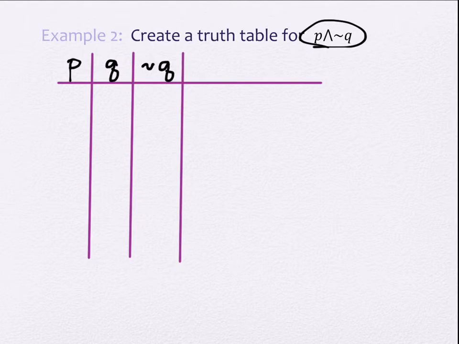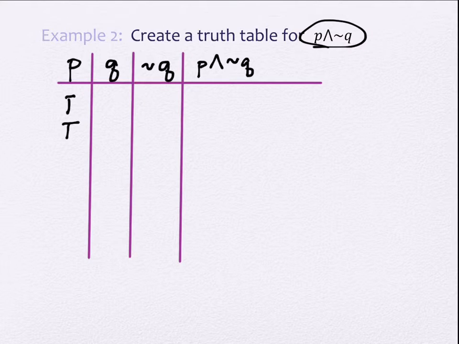Now I actually have all the individual pieces, right? So now I'm going to put the entire statement as the last piece: P and not Q. You guys know what to do with column P and column Q, right? So we can fill those in.